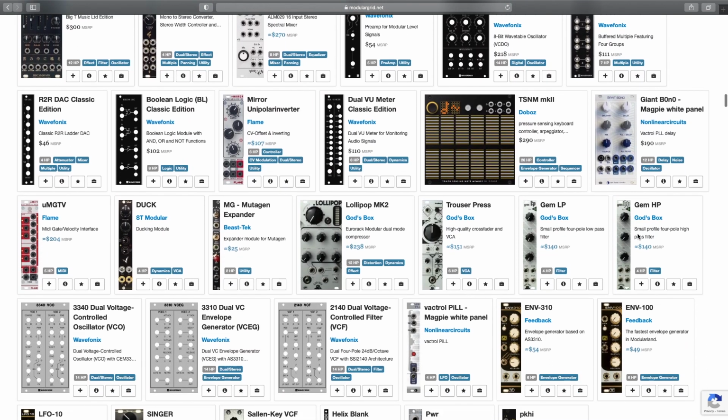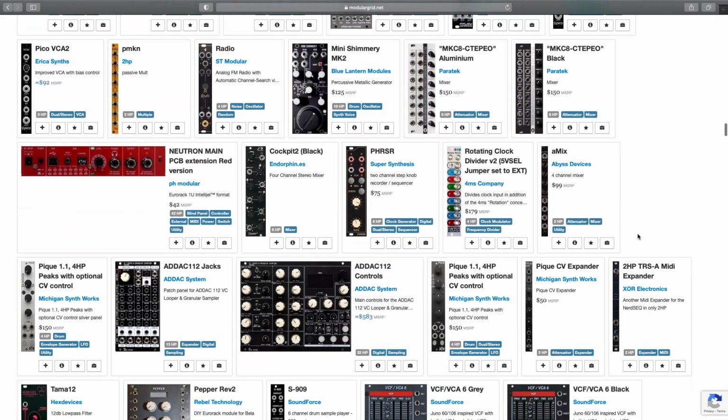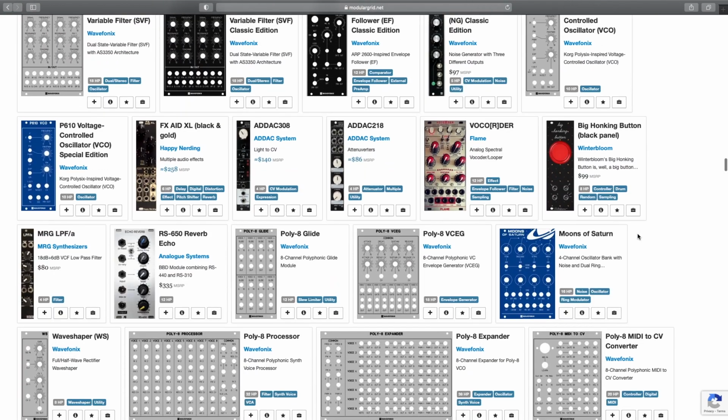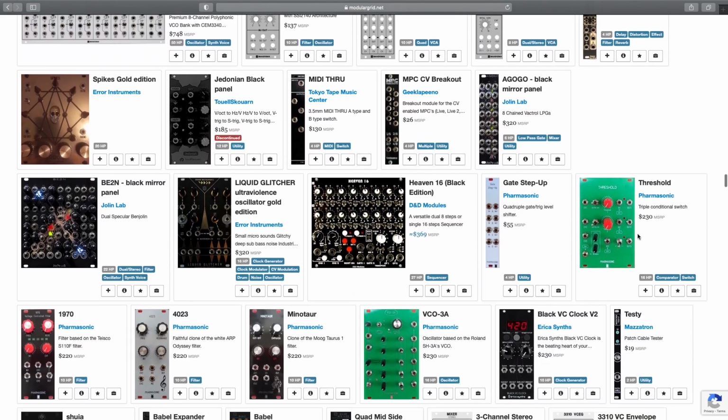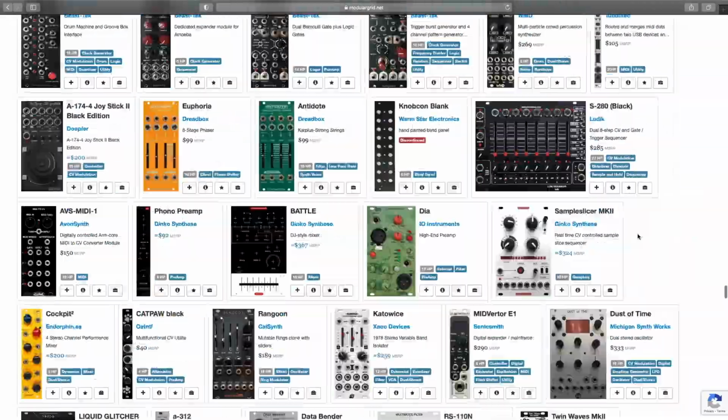I use it all the time when I'm thinking, oh, I need to get a VCA or an LFO or an envelope generator, and I can simply organize by that and look at every envelope generator that was ever made. Some of them aren't even available anymore. Some of them are DIY only, but they're almost all there. So it's a fantastic resource for just looking up what's out there in the modular synth world.